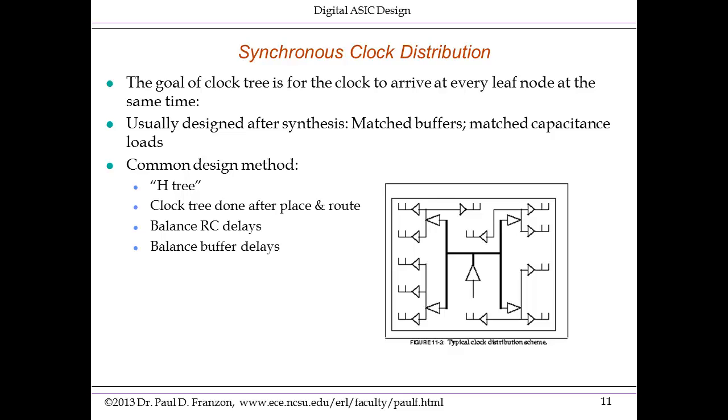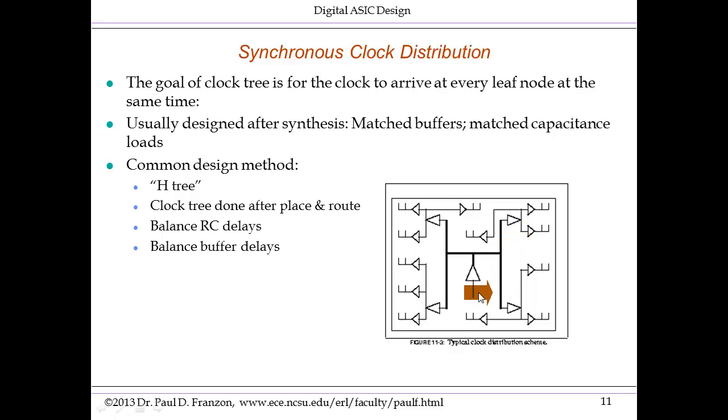The way this is done in practice is after placement, but before final routing, we run a tool that inserts a clock tree, and it will look something like the structure shown on the bottom right here. Here it's called an H tree because it basically consists of an H at each level of hierarchy. H here, an H here, that might not quite look like that, it is, and so on.